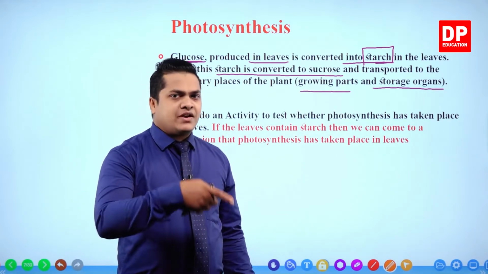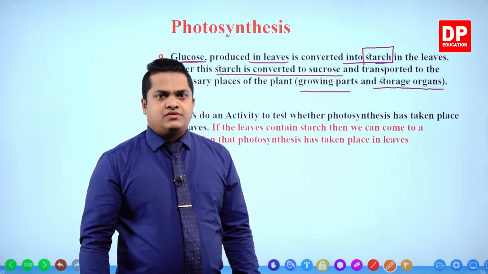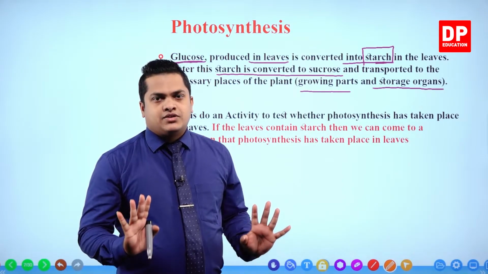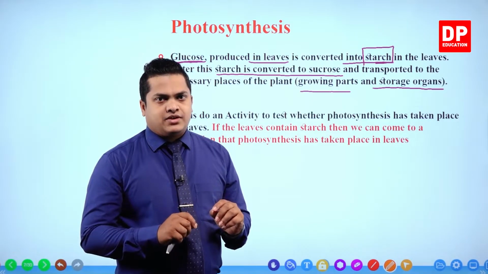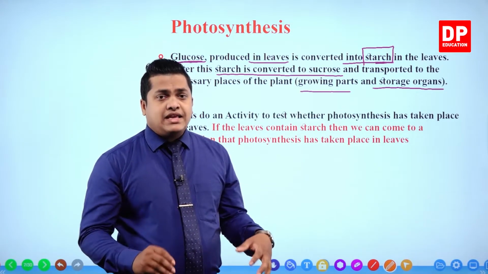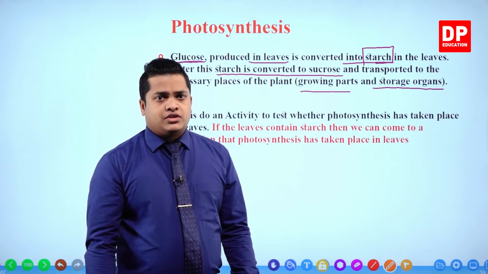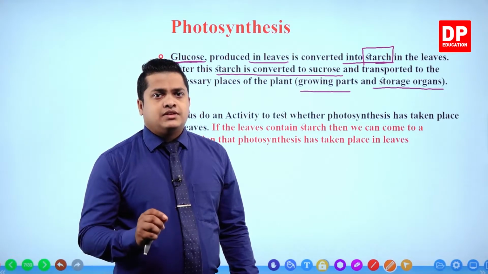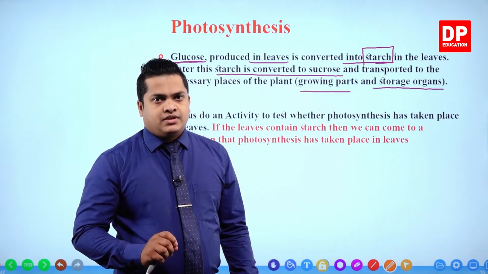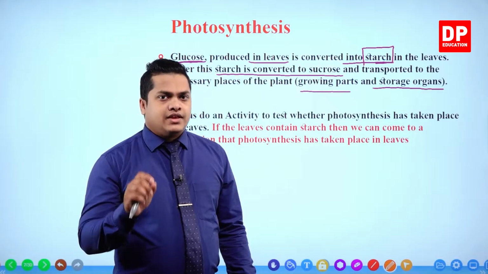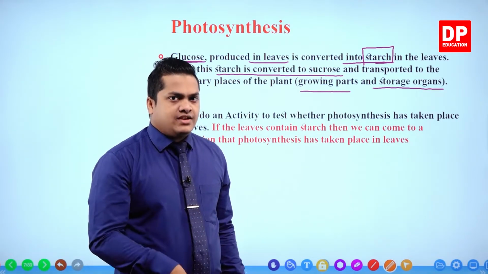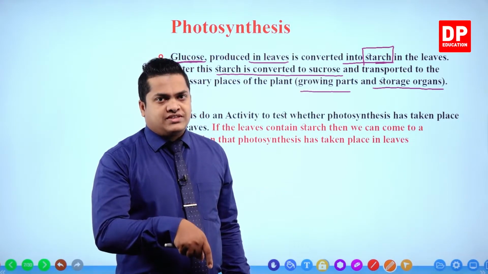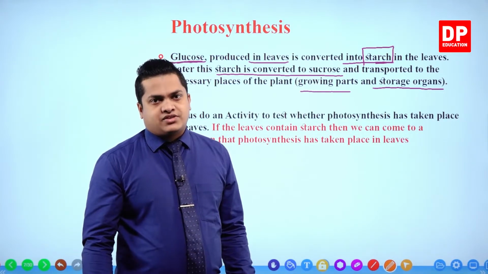So glucose is produced upon photosynthesis, we already know that. So thereby here we are showing that starch is present within a plant leaf. By that way we can come to a conclusion that starch is there. If starch is there, then we can say finally glucose has to be there. If glucose is there, definitely photosynthesis has occurred.